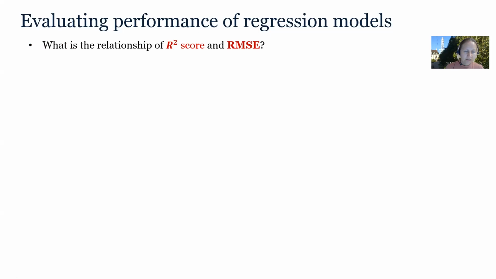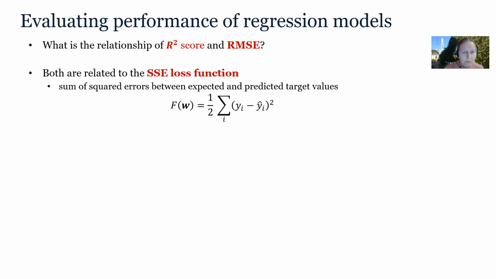So we've seen that we got to the same conclusion using both scores. So what's the relationship between these two ways of measuring performance of a regression model? Both of them are related to sum of square errors, which is our loss function as well. And it's shown here. So it's sum of square errors between expected and predicted target values.